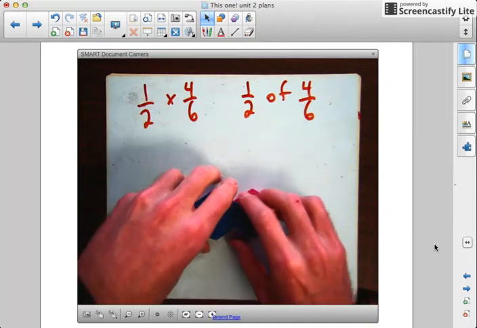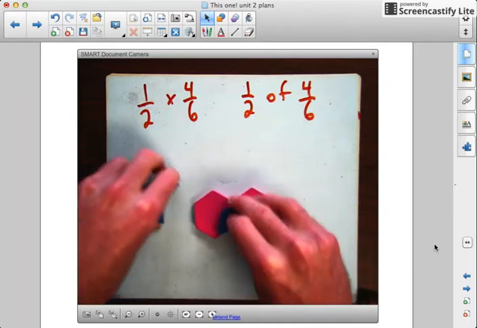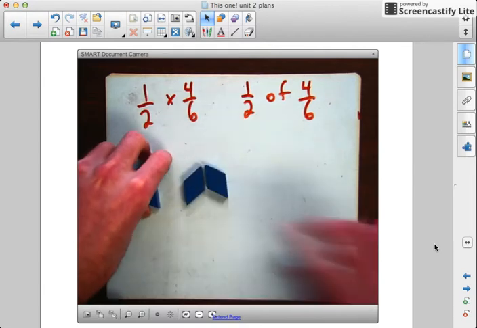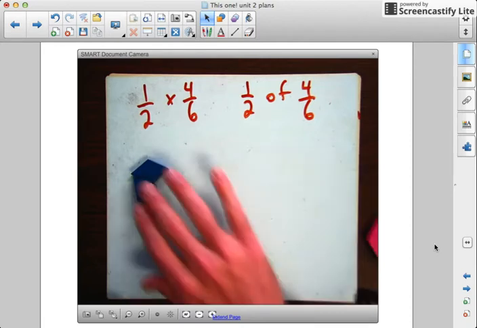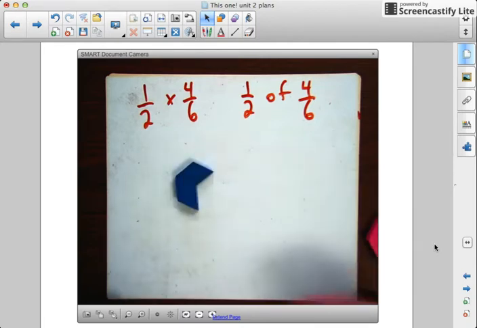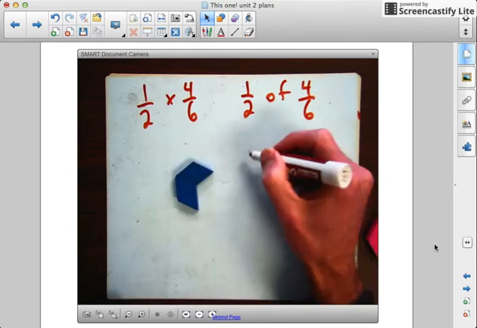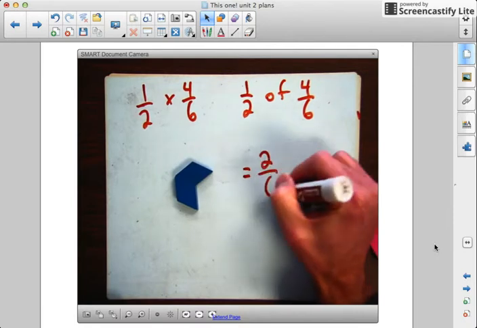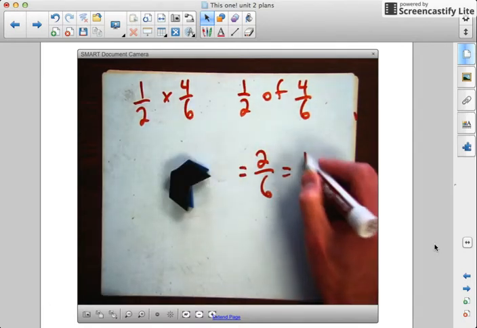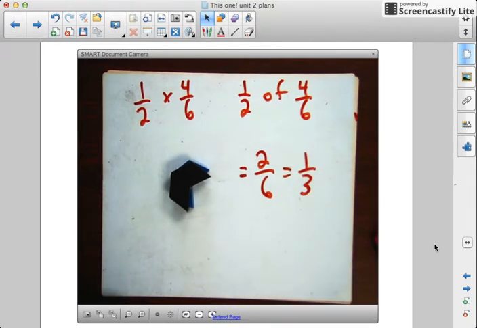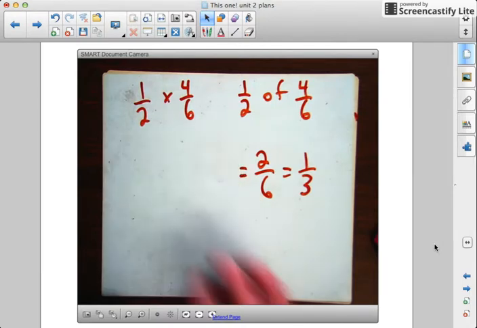Okay, so what you can do is actually make these into 2 groups. And I want only 1 of those groups, so this one can go, so I'm left with this, which is equal to 2/6, or you might recognize that as the same as 1/3.